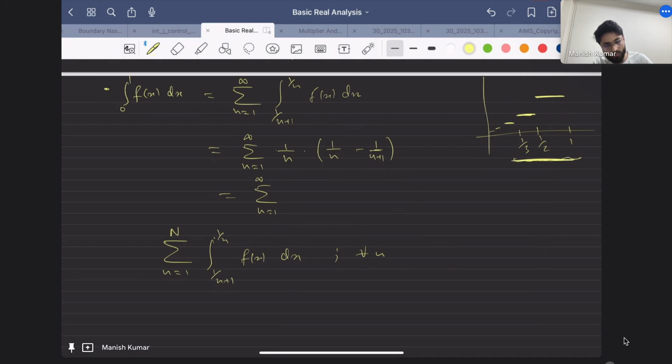Now this, I know, is an increasing sequence, right? Because each time I am adding something. Yes, sir, got it. You have actually taken the limit as N goes to infinity. Exactly, that's what I'm saying. So this will converge to the sum from n equals 1 to infinity of the integral from 1 by n plus 1 to 1 by n. So I've written it directly, that's all.